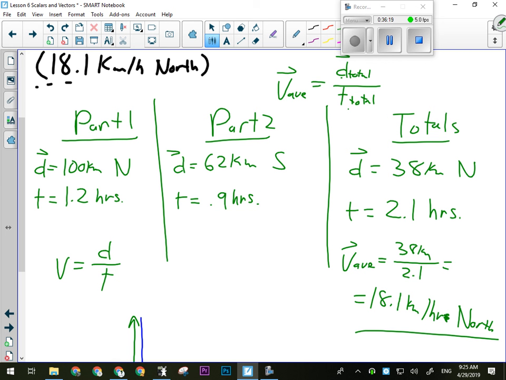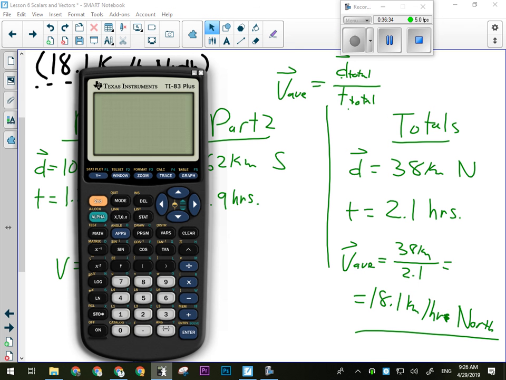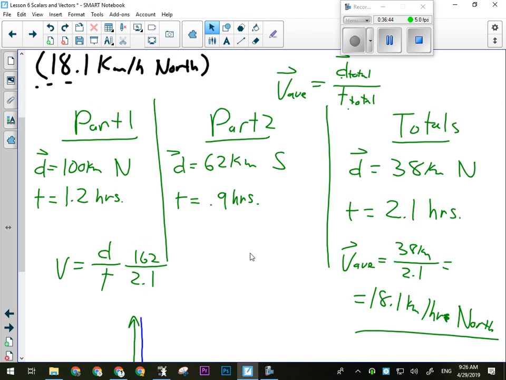The distance I travel is 162 kilometers. Time is 2.1 hours. That doesn't change. Now I calculate my average speed to be 77 kilometers per hour. No direction on that because I took a scalar quantity and divided it by time.